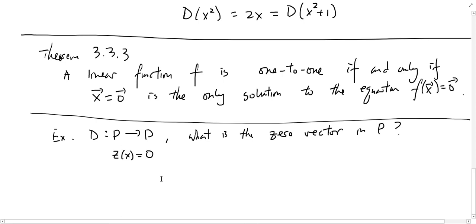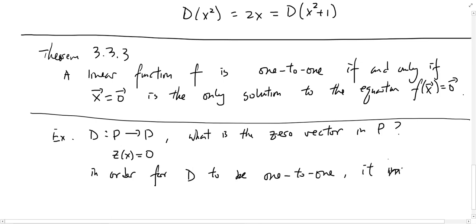In order for D to be one-to-one, it implies that if I take the derivative of the 0 function, I get the 0 function.